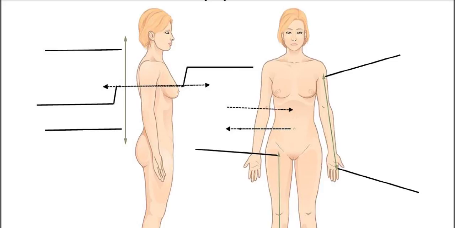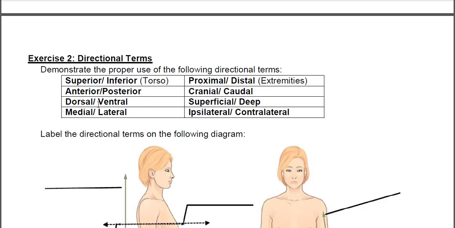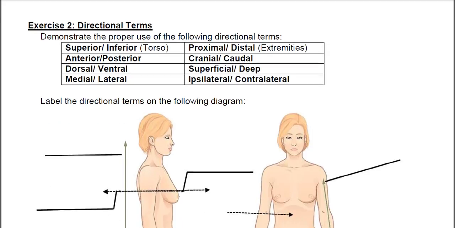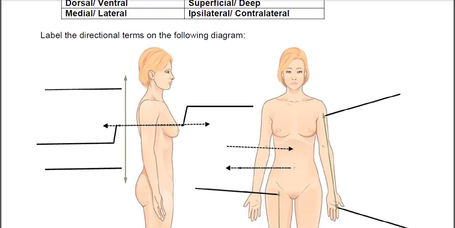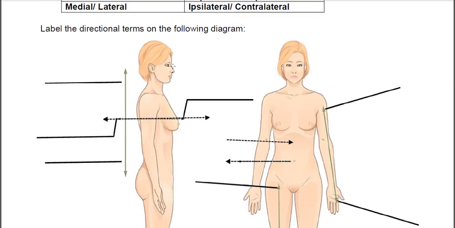Each set of terms here comes in a pair, and we have to figure out which pair goes with each set of lines on our diagram. So our first line here is referring to this versus this. So obviously this is up, this is down. But we don't use up versus down, because if a person was upside down, the head would be down.